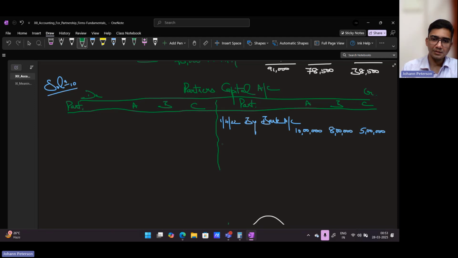So on which date will this be divided? It will be divided on 31st March 23 by profit and loss. This will come from the P&L appropriation account.